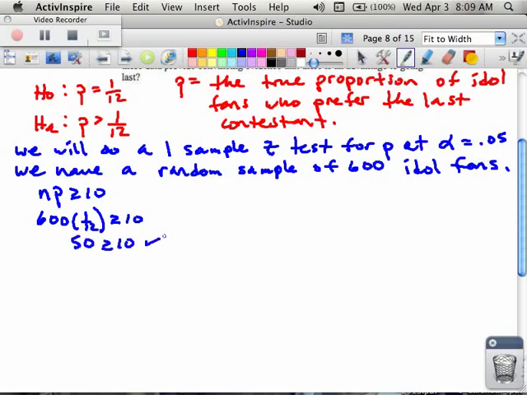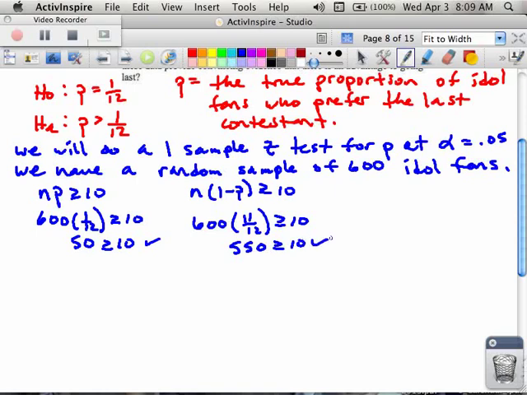So that's good. We take n times 1 minus p and see if that's greater than or equal to 10. That's 600 times 11/12, which would have been the remainder, 550, and it is. So now we know that our stuff is normal.